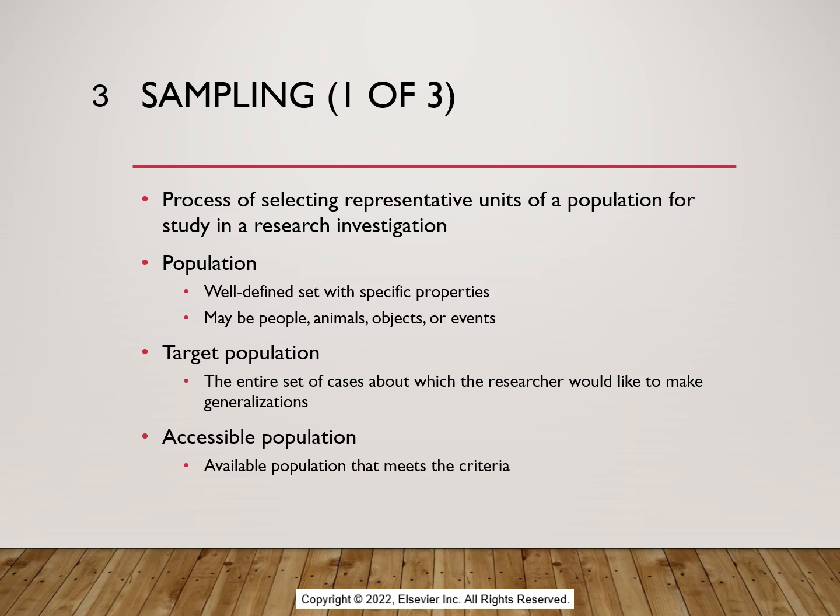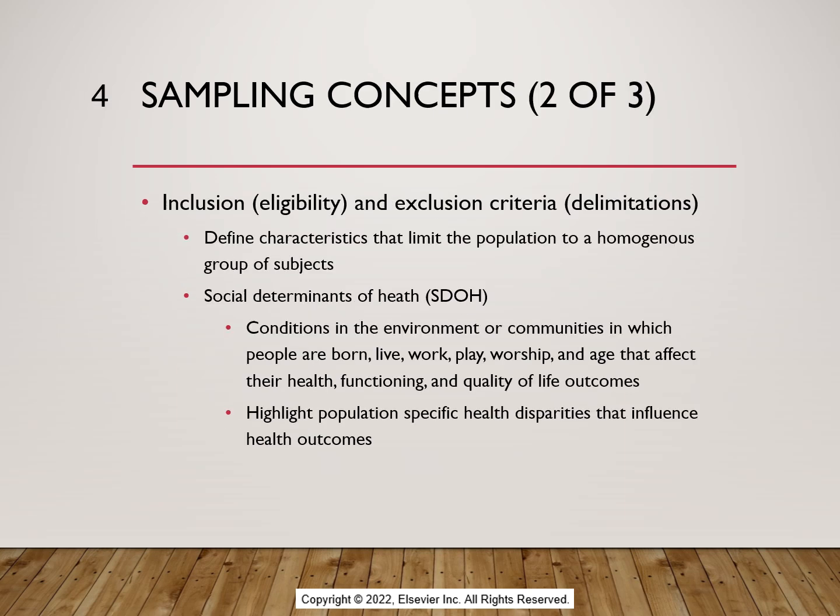The accessible population are the people or the population that meets the criteria that the researcher hopes to be able to collect data from. As you read through your selected research article, in the methodology section, the researcher should delineate the inclusion and exclusion criteria. So it defines the characteristics that the subjects or the participants need to have in order to participate in the research study.